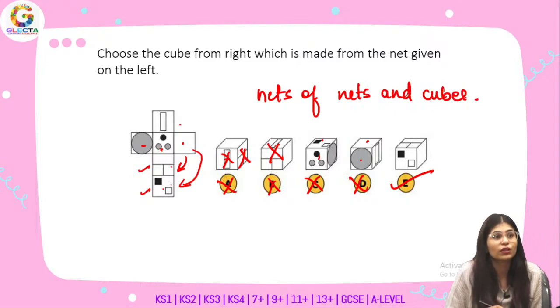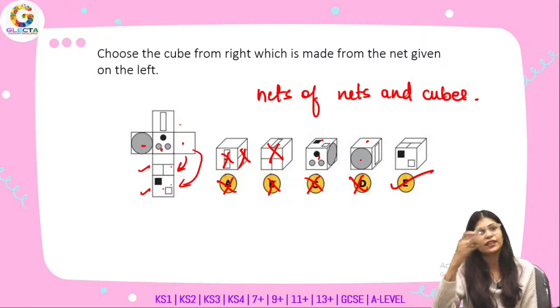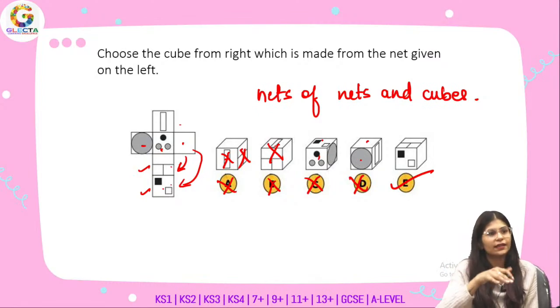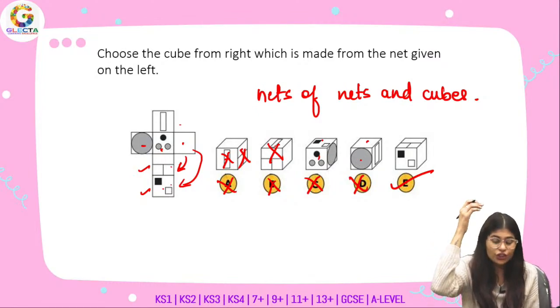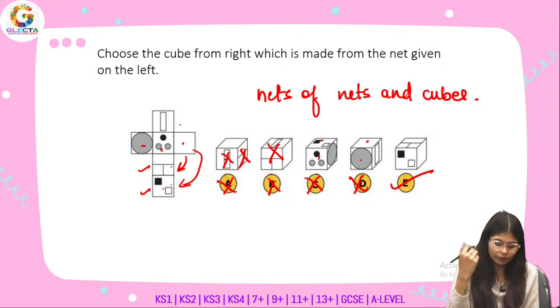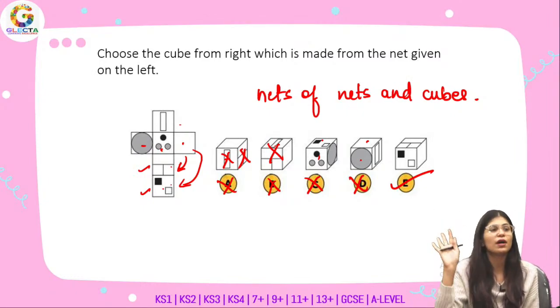You write this on Google. You'll get to a page. Directly go into images. Don't open any link. Just go into images. You'll see so many images. You can take any one of them, whichever one has the most amount of nets.